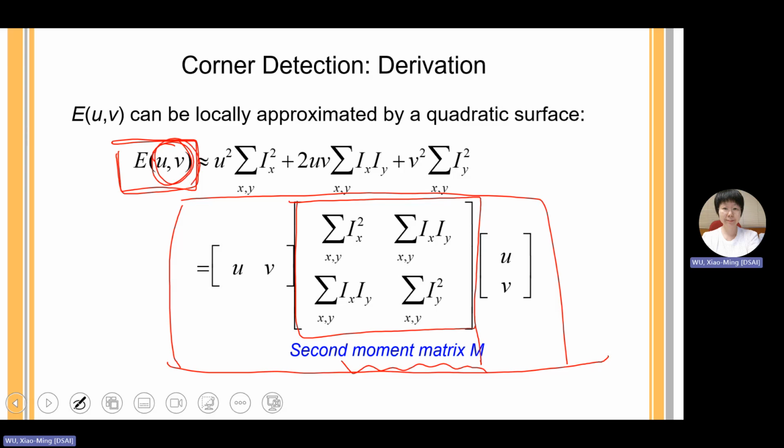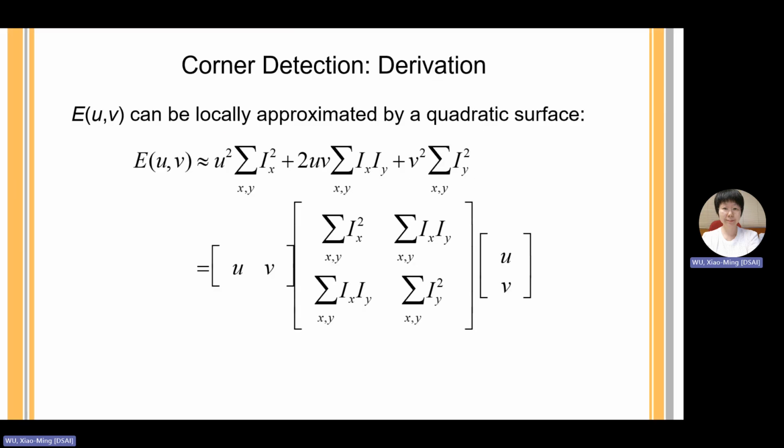Because u and v are variables, this function is characterized by this matrix M. So it turns out this matrix M contains all the information we need to identify whether this point is a corner or edge or flat region. So the second moment matrix M is the key to corner detection.